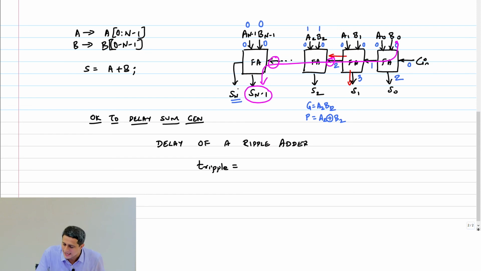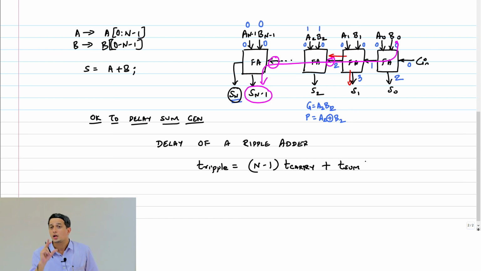What I'm saying is Sn will get generated before Sn minus 1 because of the way we have designed the adder. Carry comes before the sum. So this is n minus 1 times t carry plus t sum. It is not n times t carry, is all I'm saying.